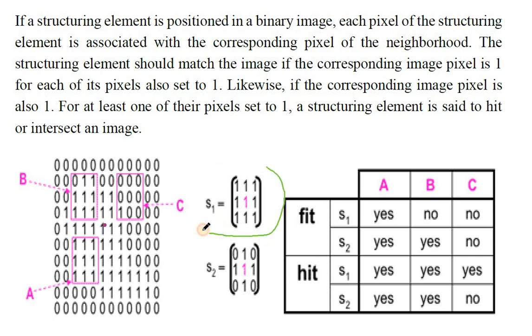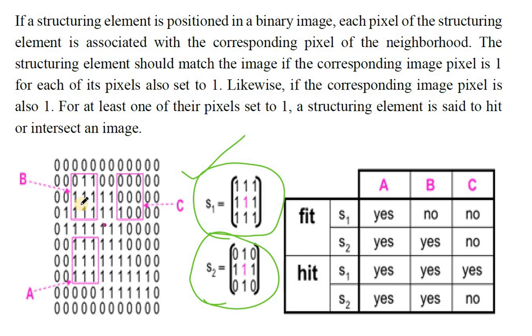अभी ये देखो. I have a structuring element S1. And another structuring element is S2. Let us first consider S1. Okay. Take S1 and make it fit over B. Can you see B over here? Is the outline clear? Yes. So make it fit over B, and now you will tell me, is it a fit?